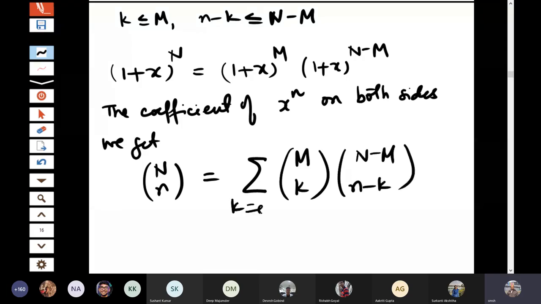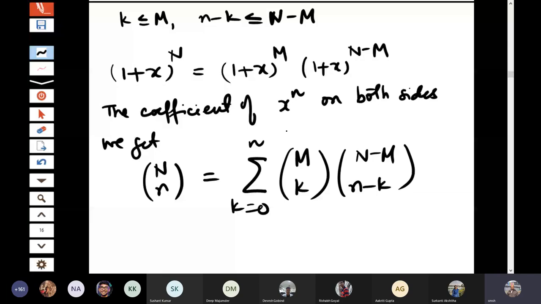So it is a valid probability distribution. This is known as the hypergeometric distribution, and for calculation of the moments and so on, you have to proceed in the same way as in the binomial distribution.